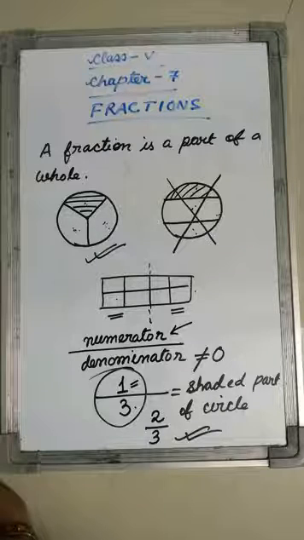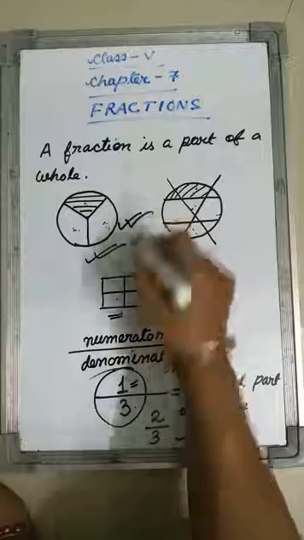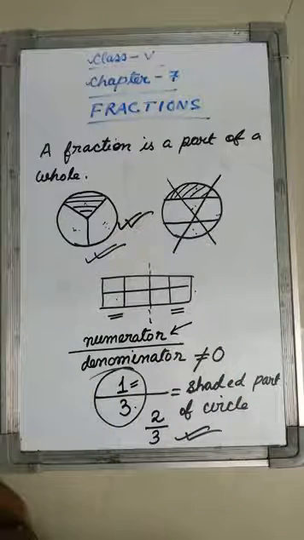Therefore, what we have done is expressed some parts of a whole figure. The whole figure is one circle. This is the basic concept of fraction. I hope you understand this.